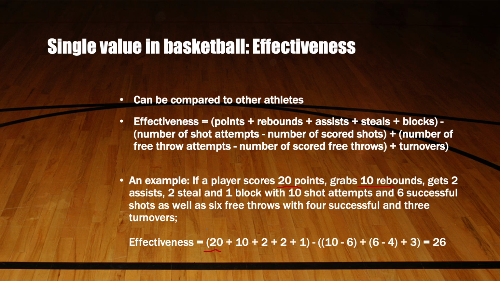Grabs 10 rebounds, 2 assists, 2 steals, 1 block with 10 shot attempts. 6 of those are successful, as well as 6 free throws with 4 successful and 3 turnovers. We get 35 minus 9 for an effectiveness score of 26. This number can then be used to compare players amongst each other.